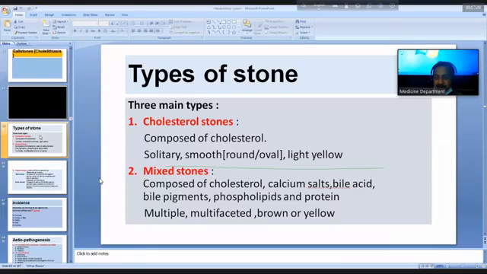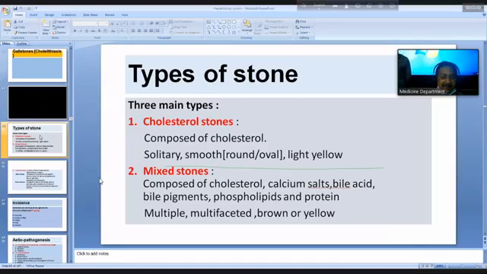So we can recognize the cholesterol stone by its single number, smooth surface, oval to round shape, and light yellow color. If we consider only the cholesterol, then this is the most common type of the stone.